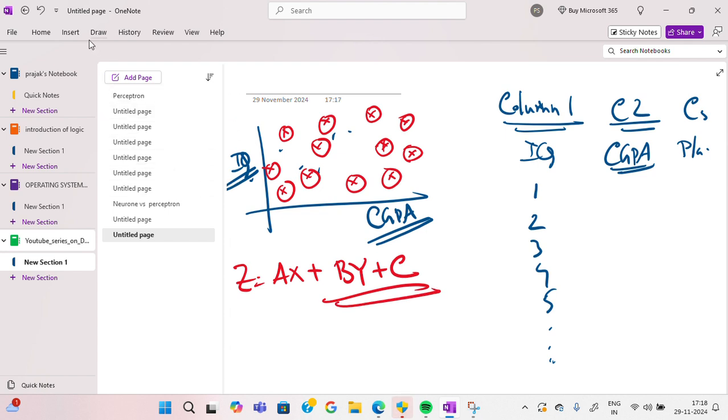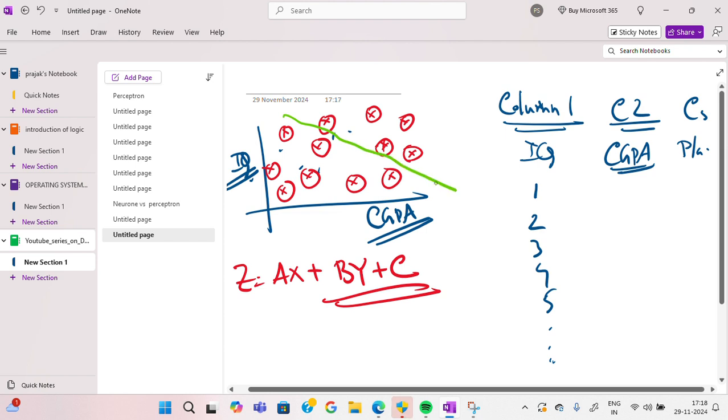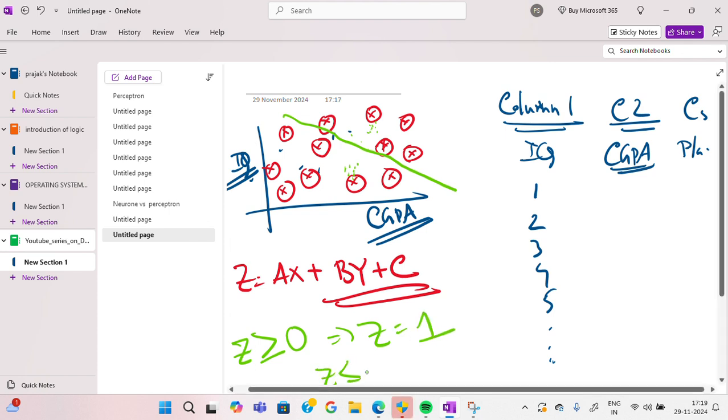It's nothing but a line. The line will be like this, and it is drawn in such a way that two regions are created. It separates the points into two different portions. The step function I have taken is that if z is greater than or equal to 0, it is set to 1, and if it's less than 0, it's set to 0.